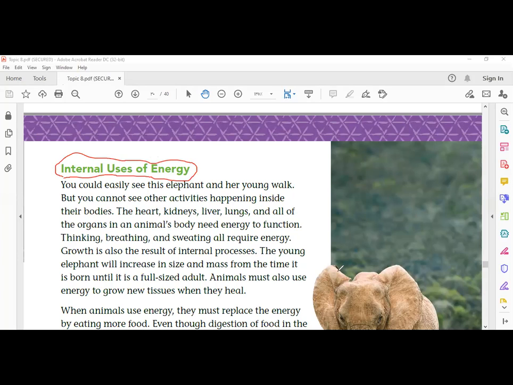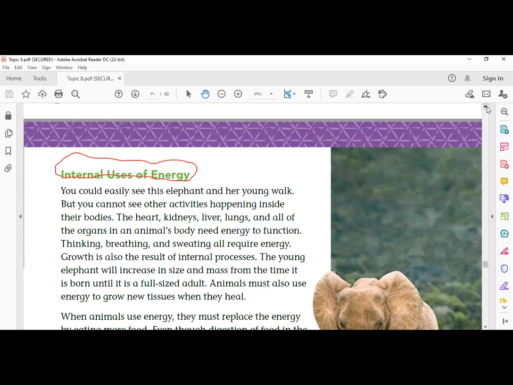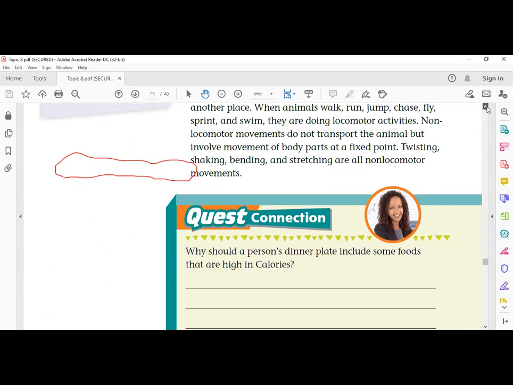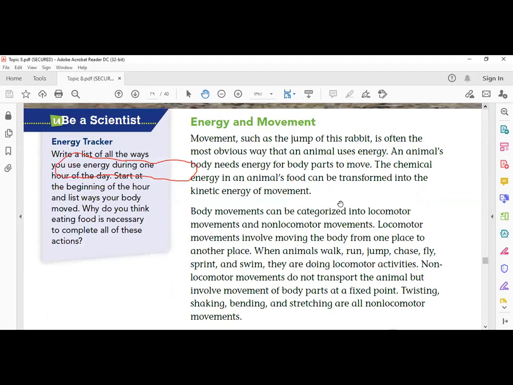Today we talked about the use of energy for movement. This is obvious, you can feel that your body uses energy during movement.